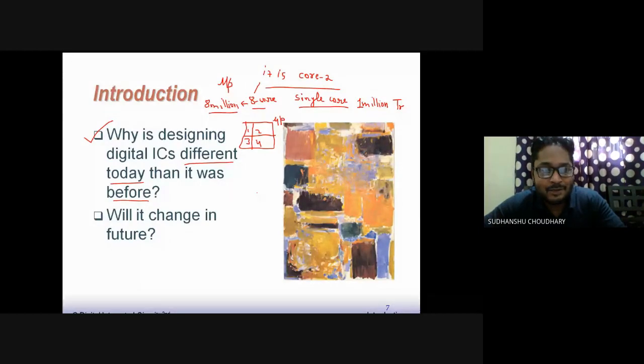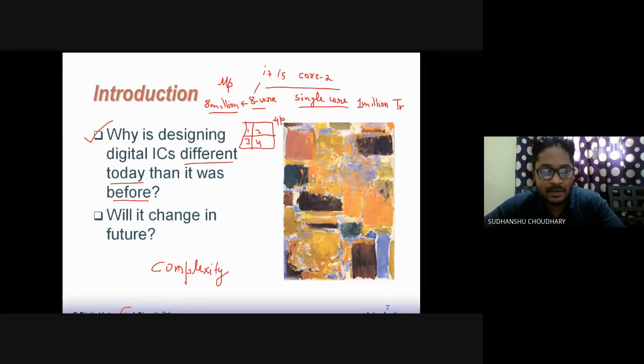So what has changed today, and how today's world is different than it was before, is the complexity. That is, the complexity of my integrated circuit has increased. And it has increased to a very big extent, a large extent.